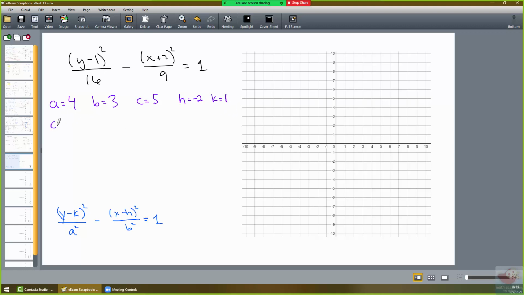Which means our center is at -2, 1. What directions do we move for the vertices?